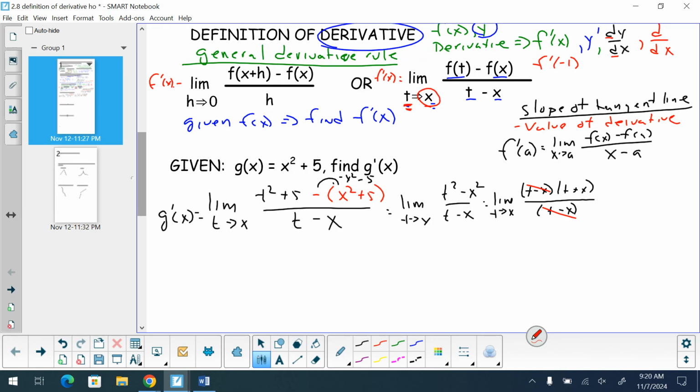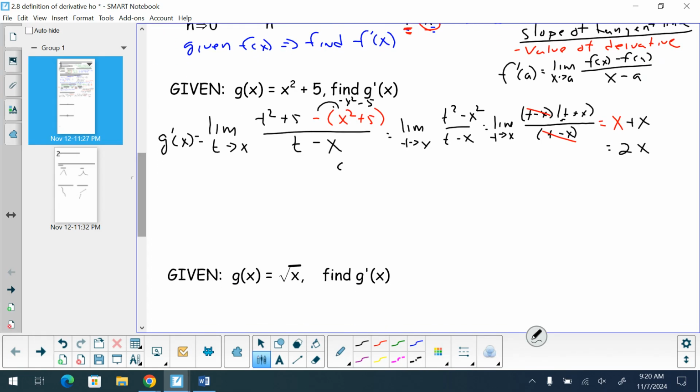Last step, for t, I'm approaching x. So I'm going to substitute x in for my t. So we have x plus x, substitute for that x. So we have x plus x or 2x.